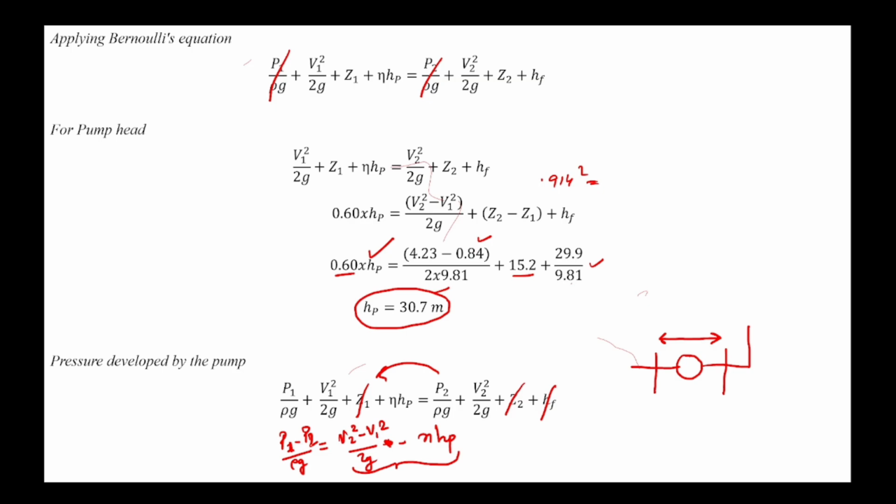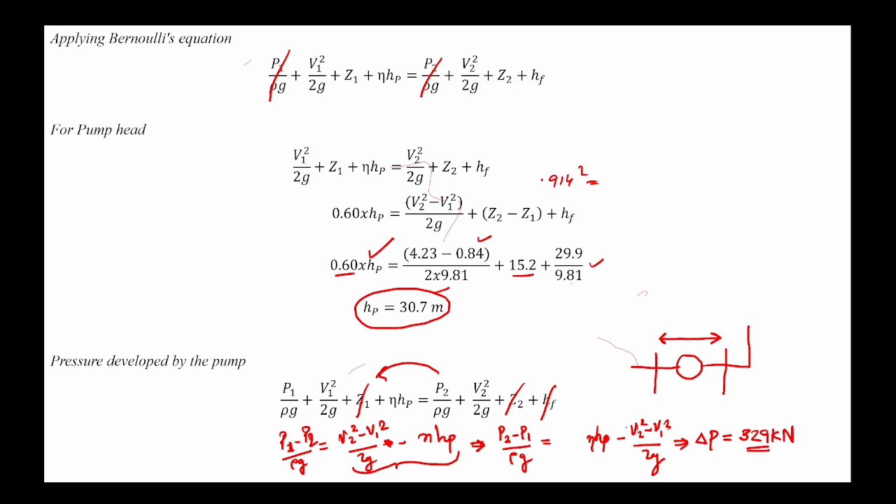So when this whole term comes in negative, it will become P2 minus P1 by rho g is equal to efficiency into pump head minus V2 square minus V1 square by 2g. So we will get del P, 329 kilonewton. Okay, 329 kilonewton.